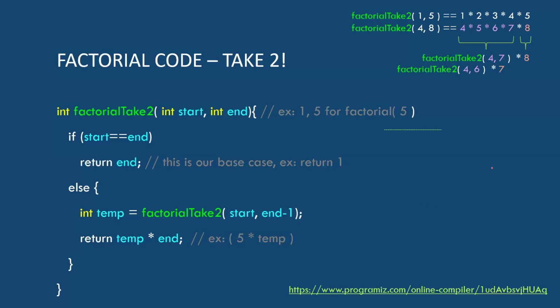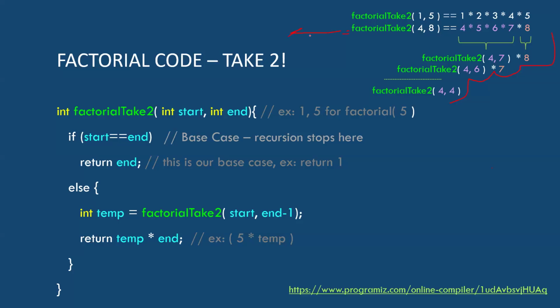So factorial of 4 to 8 is 4 to 7 times 8, right? 4 to 7 is going to be 4 to 6 times 7. So all of these factorials are waiting around in memory for me to unwind and build up the answer, which eventually gets returned as a part of that function.